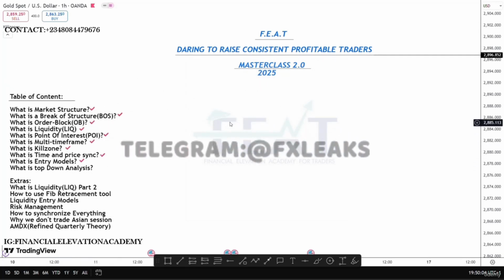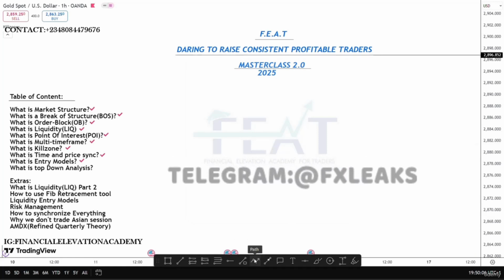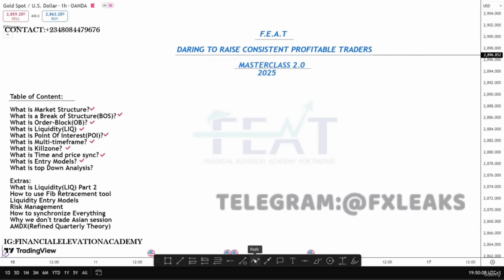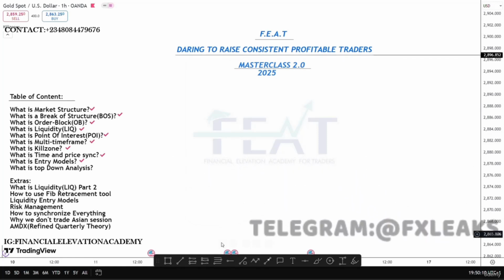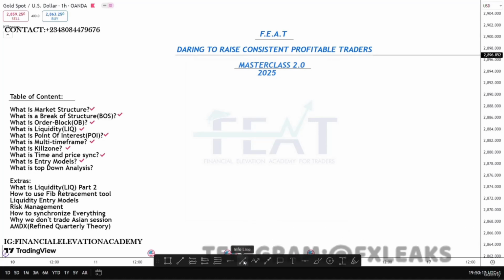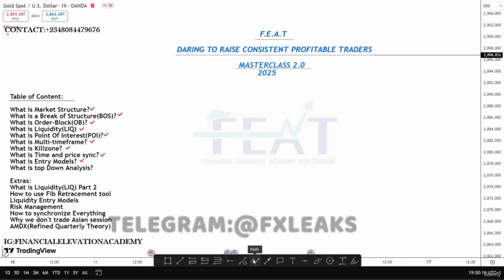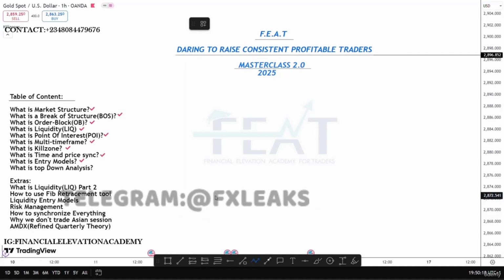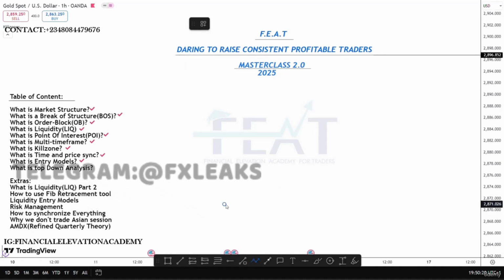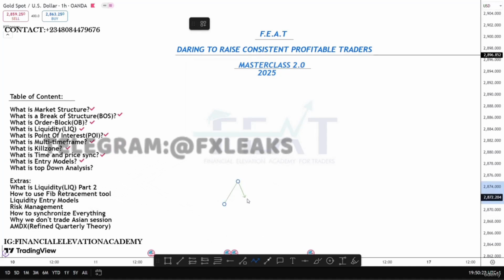Basically, top-down is going to the higher time frame, which is like the monthly, to look for the current market structure. Let's just do a bit of theory, and we'll move into the charts real quick.